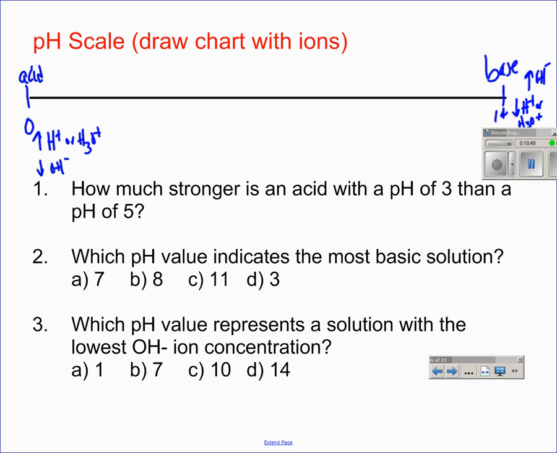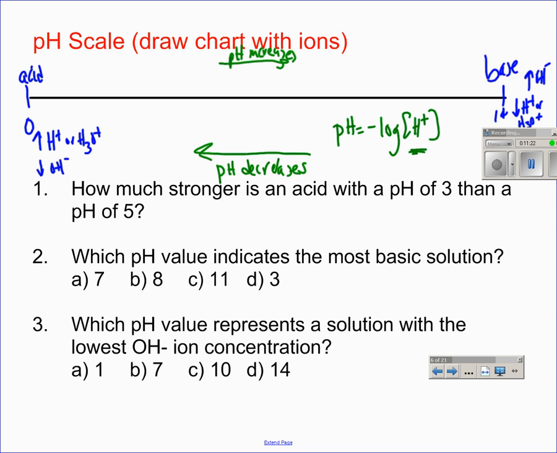The other thing that I would do, this is going to sound really silly, but I would write the pH increases because it gets confusing, these words. So I would write pH increases as you're going more towards a base, and pH decreases as you're going more towards an acid. Okay? So then the other thing you need to remember is that the pH is a logarithmic scale. Remember, pH equals negative log of the H+ ion concentration.